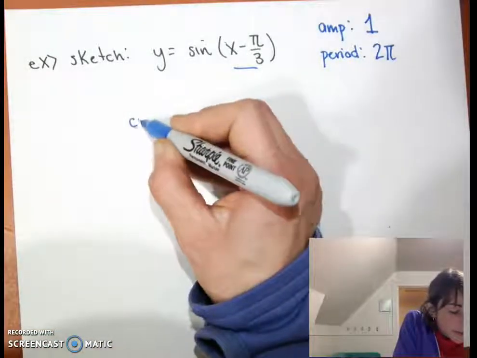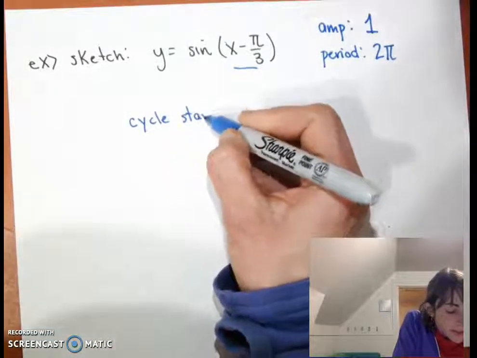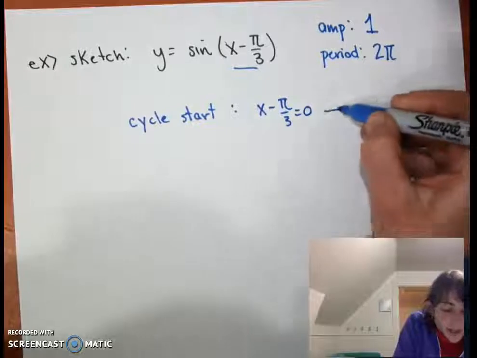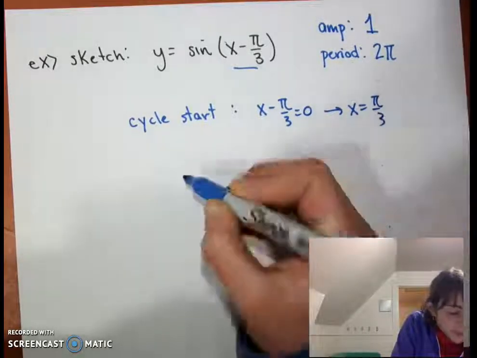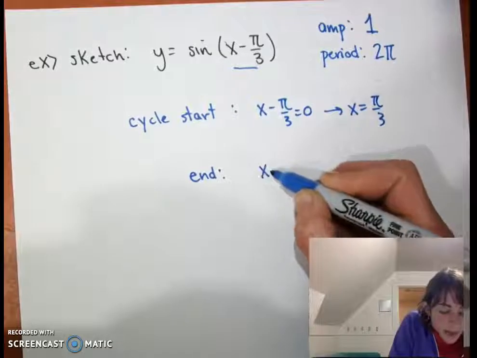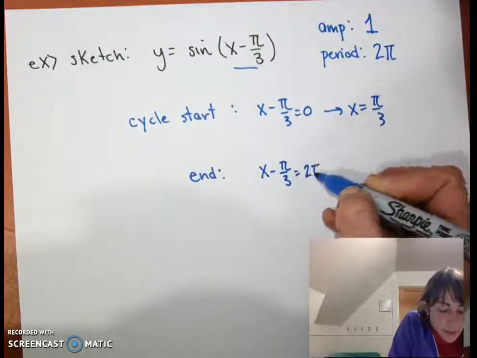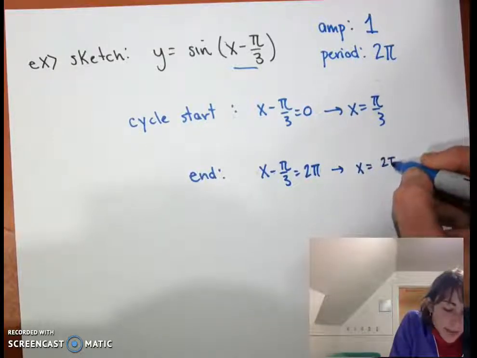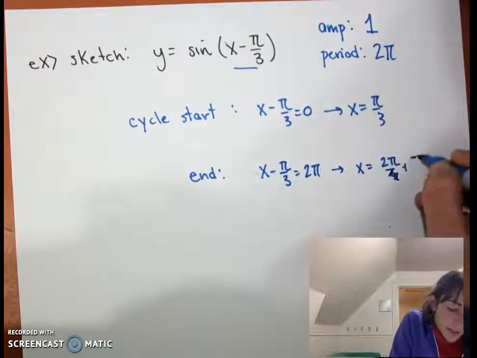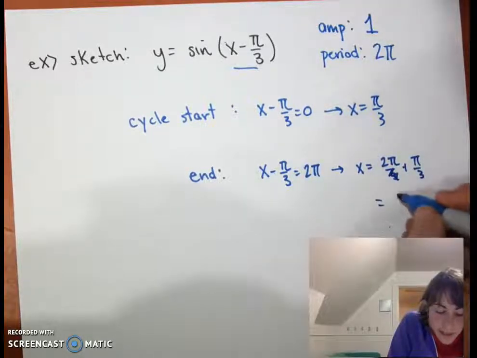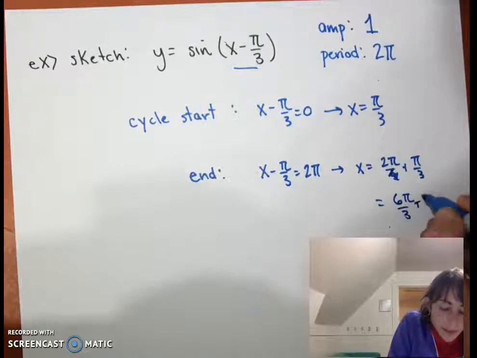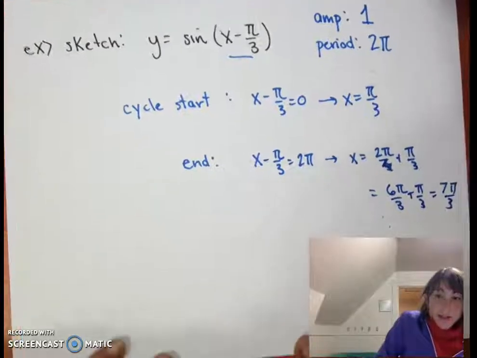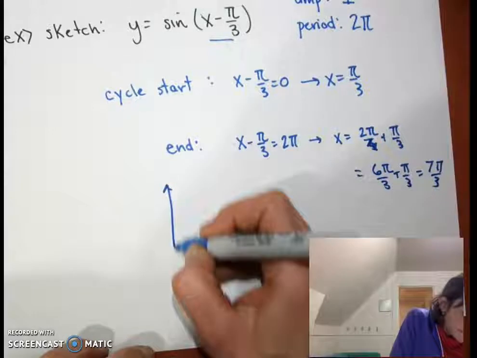So my cycle will start when x minus pi over 3 equals 0, or in other words, when x equals pi over 3, and end when x minus pi over 3 equals 2 pi, or in other words, when x equals 2 pi plus pi over 3. And that's the same as 6 pi over 3 plus pi over 3, which is the same as 7 pi over 3. So how do I use this to graph my function?